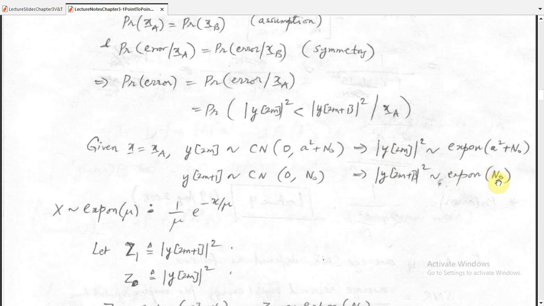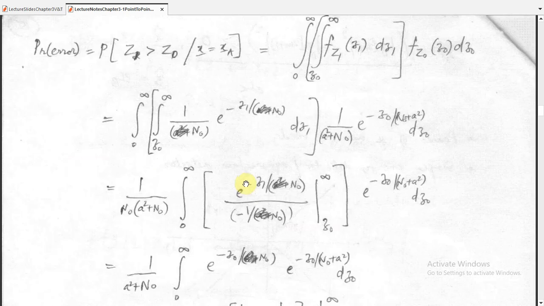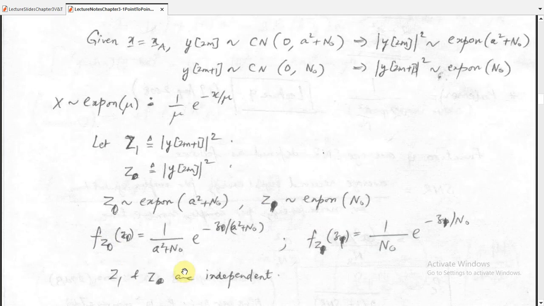This is the inverse of SNR. So this is also the inverse of SNR, if in both cases the SNRs are a square plus n naught and n naught respectively. So by the calculations shown here, the PDFs of both y2m plus 1 square and y2m square are calculated here.